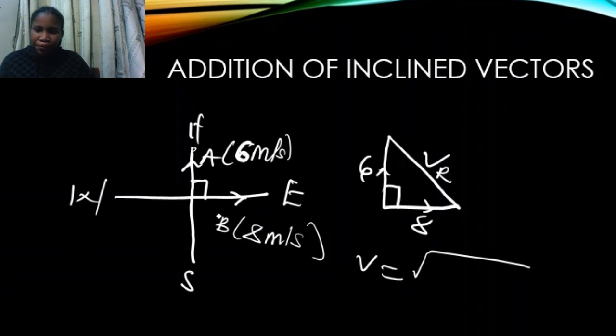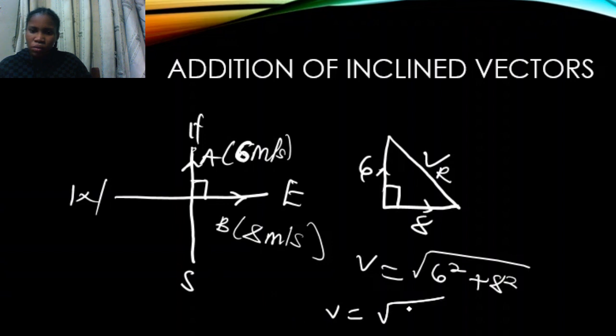V will be equal to the square root of 6 squared plus 8 squared. So we get V to be equal to the square root of 36 plus 64, that will be the square root of 100, which is 10 meters per second.